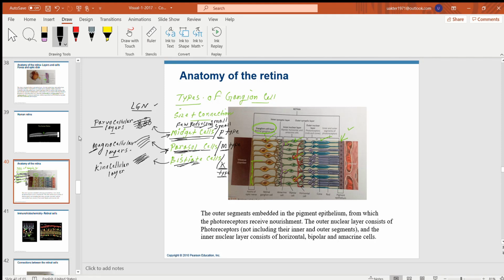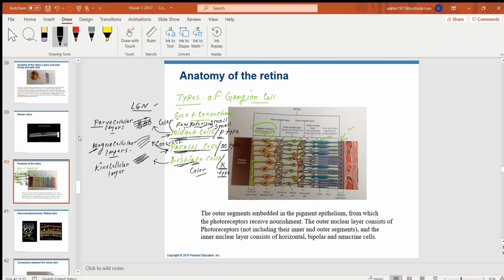So color change and contrast. Okay, so these are three main types of retinal ganglion cells and their projections and some properties.